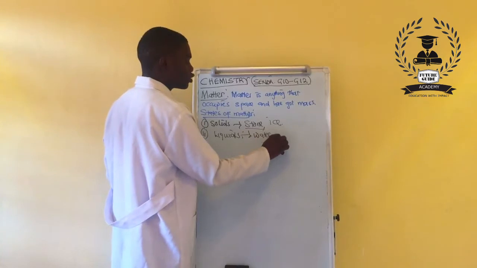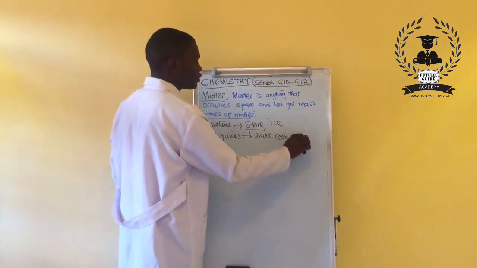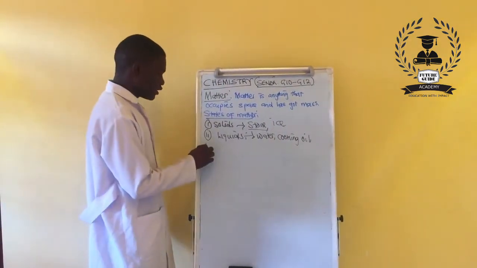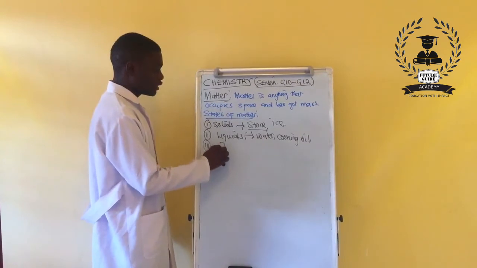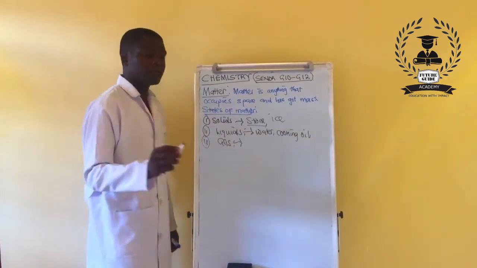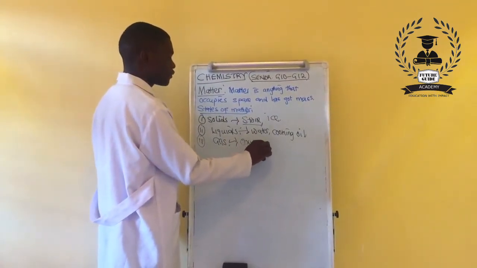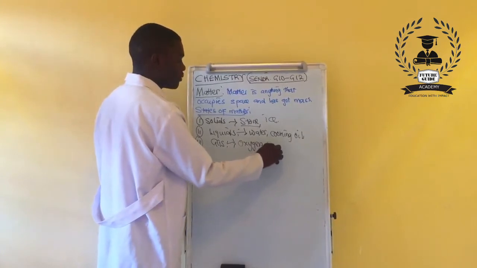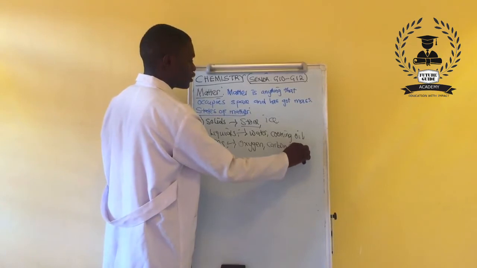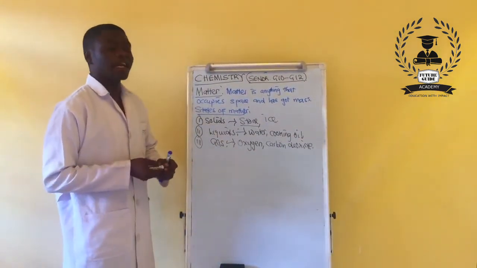Another one, we've got cooking oil. That one is also a liquid. The third one, we've got gas. Now under gas, we've got very good examples such as oxygen. You can also think of carbon dioxide. All these are examples of gases.